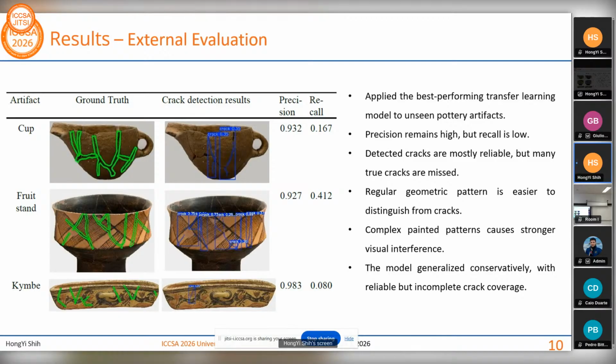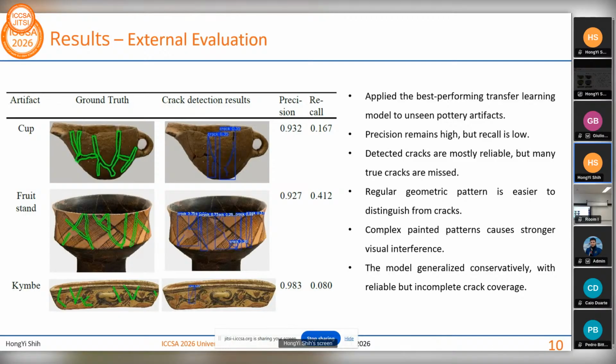The external evaluation also reveals some more limitations of the model. For example, the cup. The thinner cracks on the cup can be correctly identified, but the thicker crack cannot be recognized. It is because the internal dataset includes only the thinner cracks.